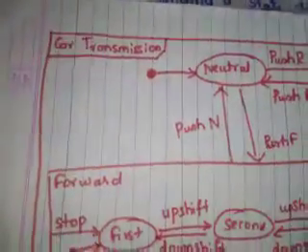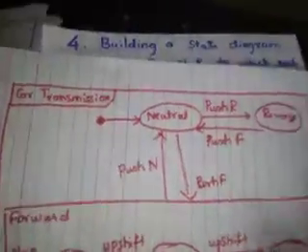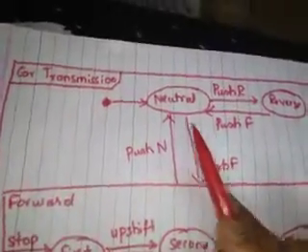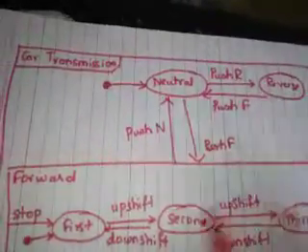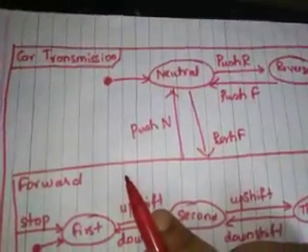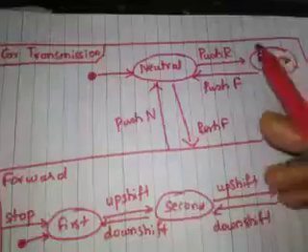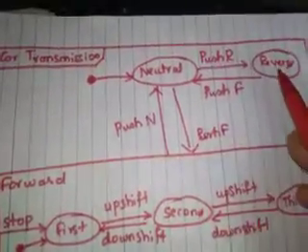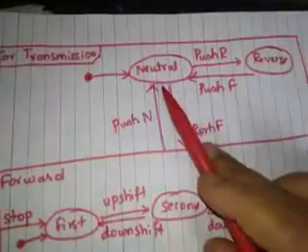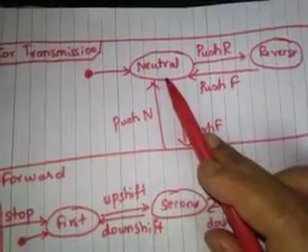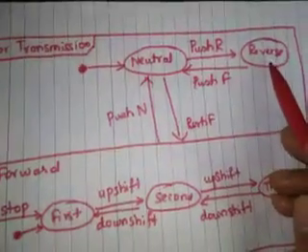For example, if you take an object like a car transmission system, it can be in different states, like the neutral state, or the reverse, or the forward state. So from neutral you can go to the reverse state. This becomes the state which is initiating a transition, and this is the target.